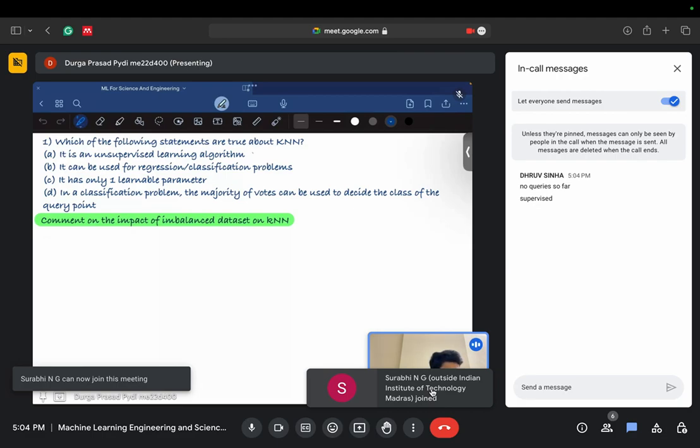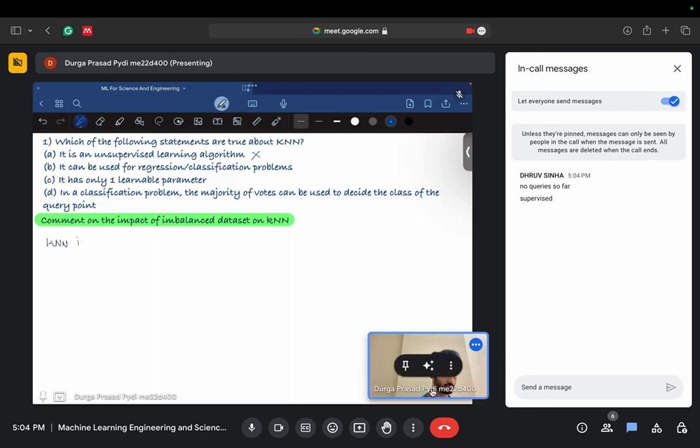The first one is false. KNN is supervised because you are using a labeled data set. Can it be used for regression or classification, or is it only used for classification problems?